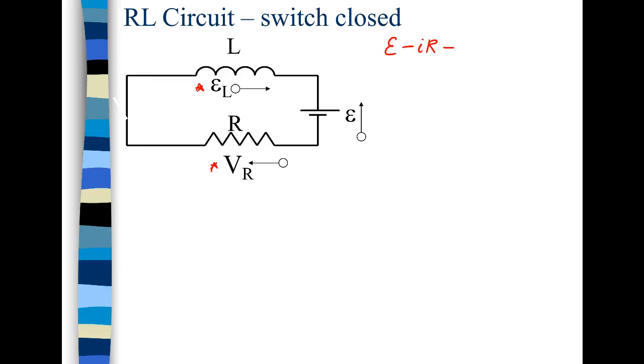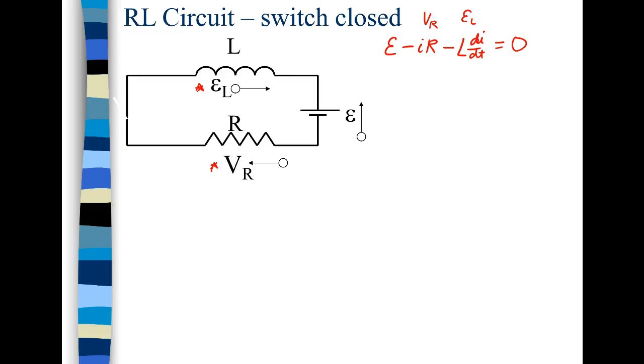So we have E for the battery minus IR for the resistor, so that's VR right there. And then EL, as we discussed in the last presentation, is going to be L di/dt. And that's going to be equal to 0. The sum of the voltage drops and gains in a closed loop is equal to 0, Kirchhoff's law.